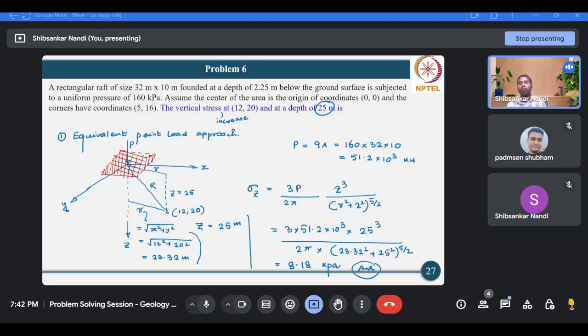This is by the equivalent point load approach.